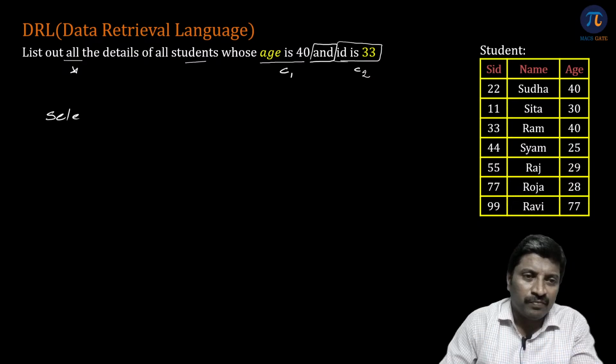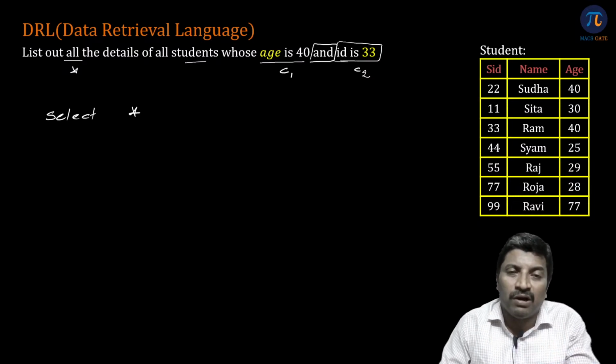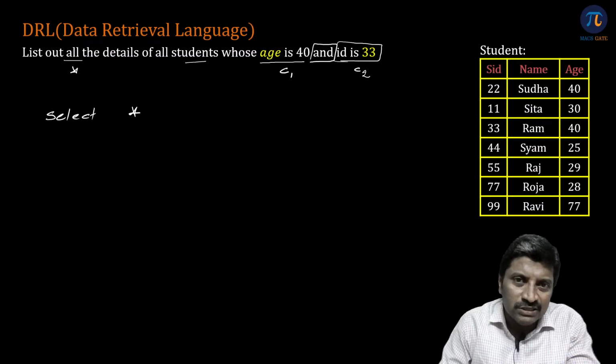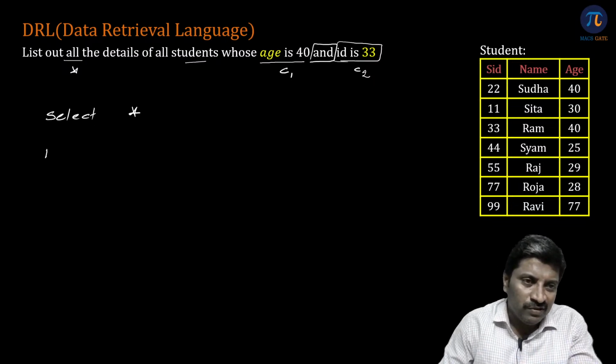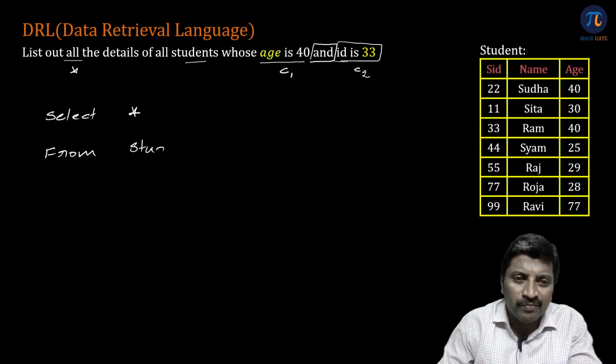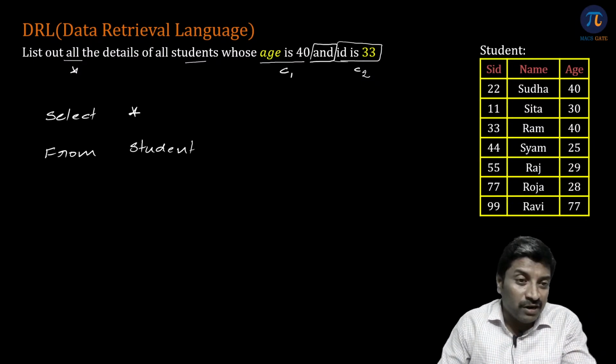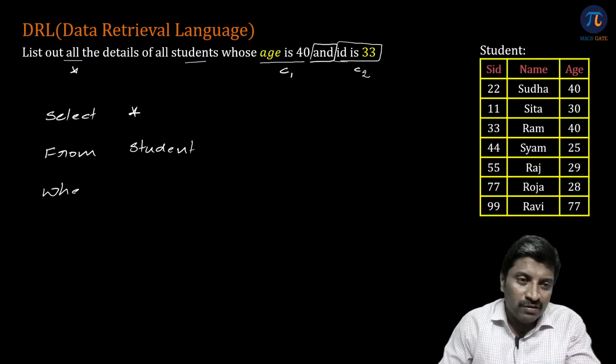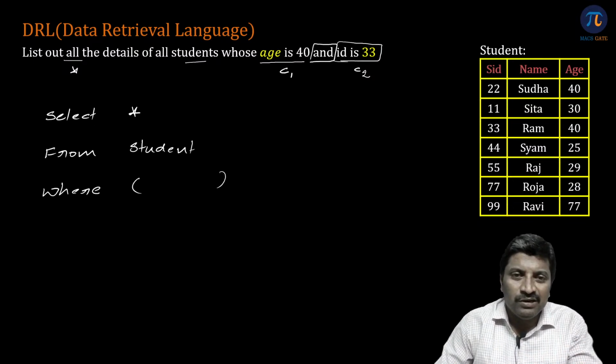Select. What are the columns we want? We want all the details. So it is star. From which table? Student. For what records? In the where clause we specify it. What is the first condition?